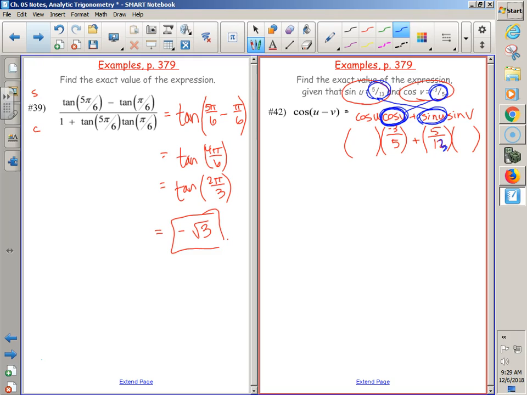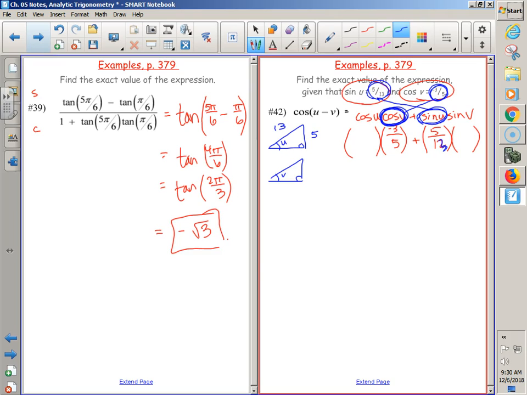Well, then how on earth are we supposed to figure out what? Wait. Doesn't this give us two sides of a right triangle? Oh my goodness. There's a right triangle for u and there's a right triangle for v. And guess what happens if we have two sides of any right triangle? Go find the third. For u, I know opposite, 5. I know hypotenuse, 13.